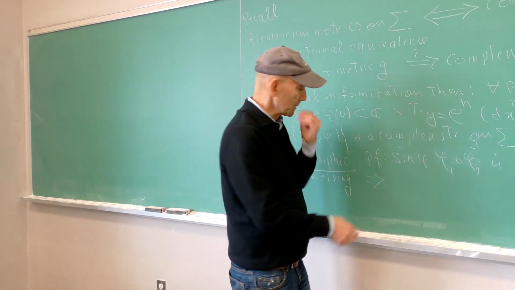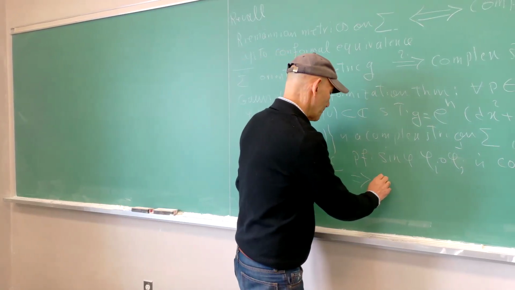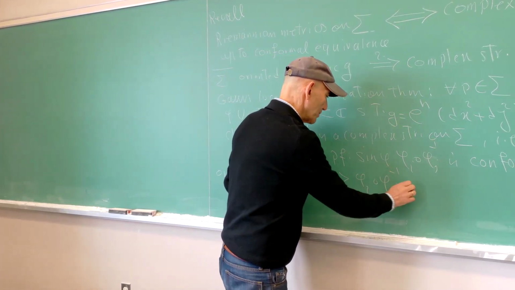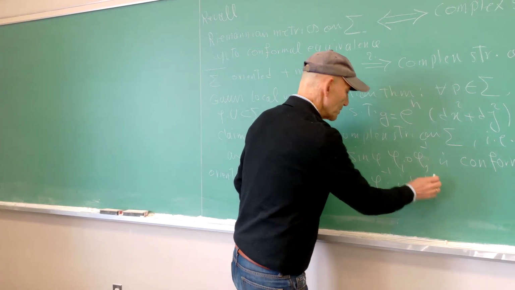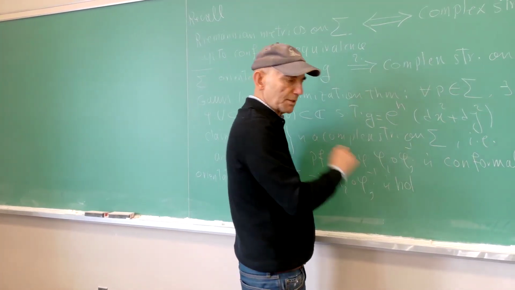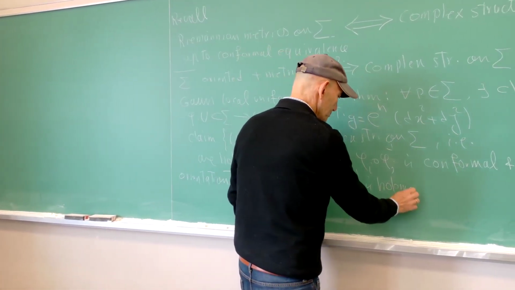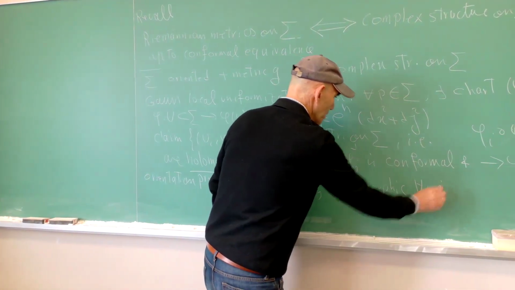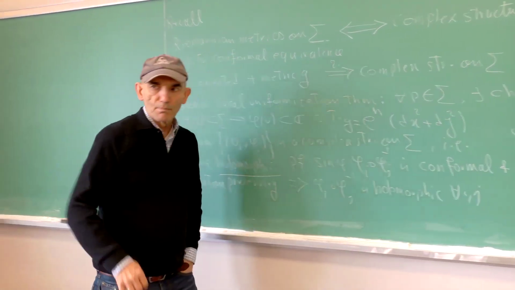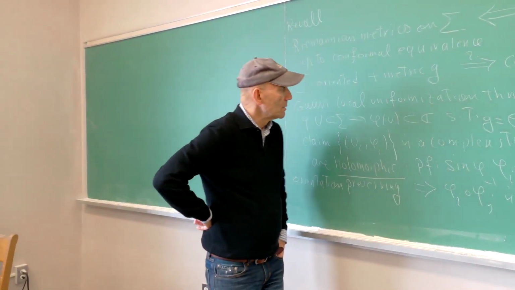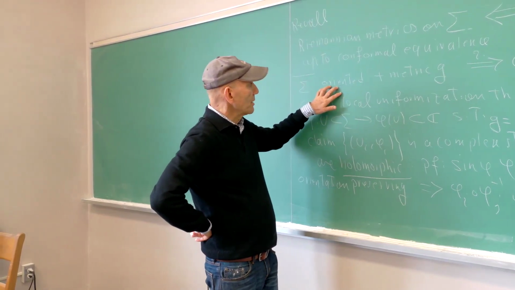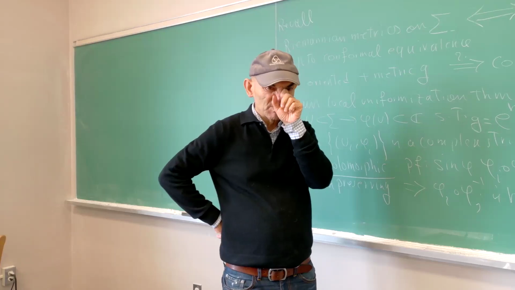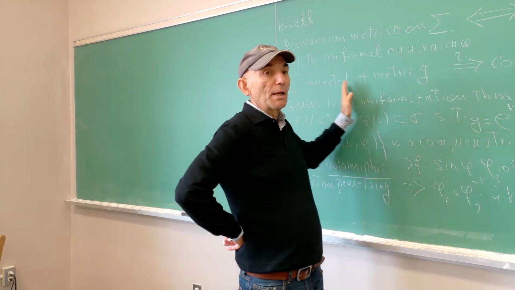These are the two conditions. This is the comment that I made yesterday, for all i's. So in fact, any metric on your surface gives you a Riemann surface structure in an unambiguous way.